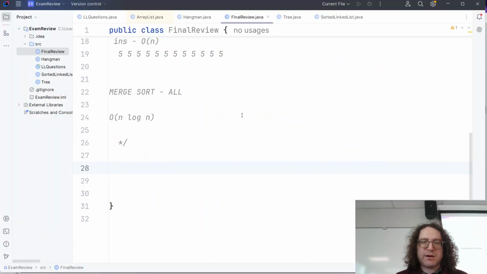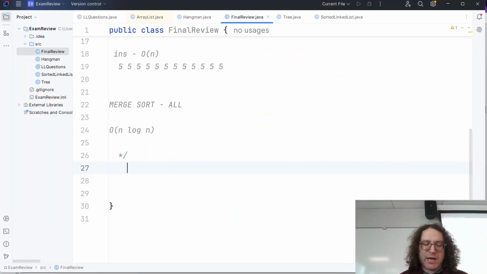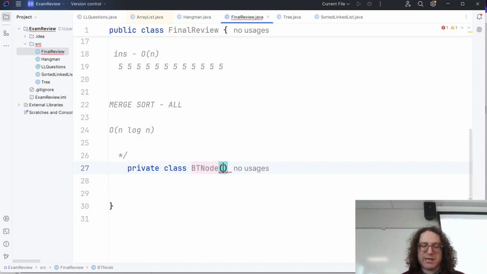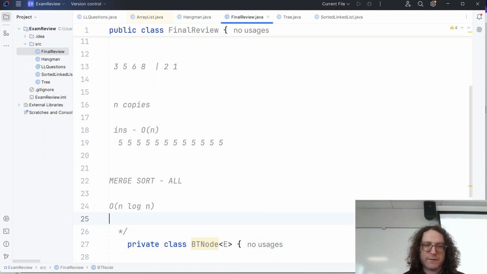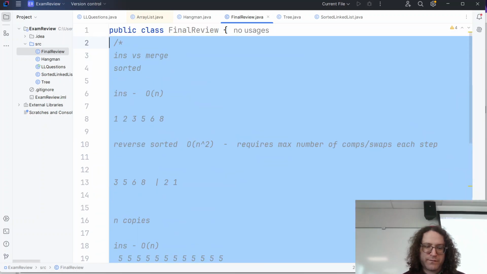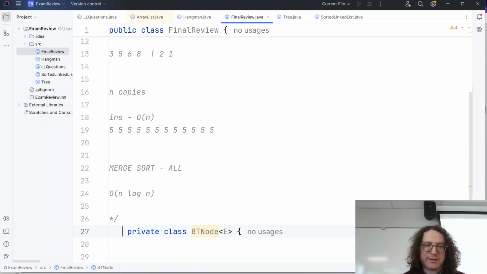So, all right, quickly putting this down, we need a private class. We're going to call it BT node, just like they did. And we're going to say E, simply so that we have a common type.